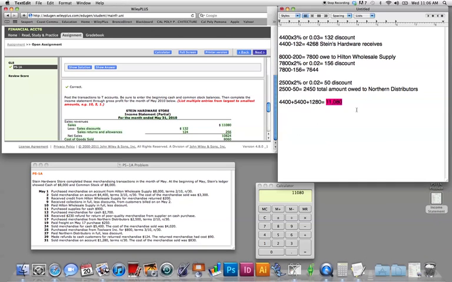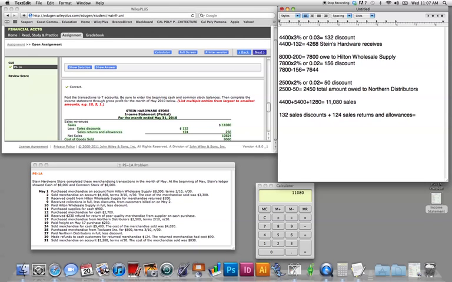And now what we need to do is, this was our sales, we need to add the 132 sales discount plus the 124 sales returns and allowances.